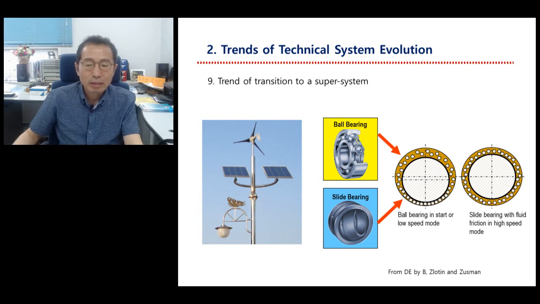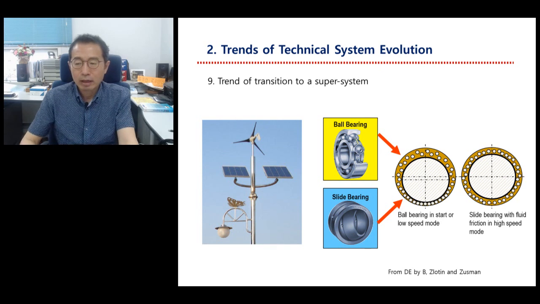The previous 9 trends are the technological evolution patterns that Altshuller, founder of TRIZ theory, discovered through early research until the 1980s. He mainly analyzed Russian patents in machinery, materials, and aviation fields.